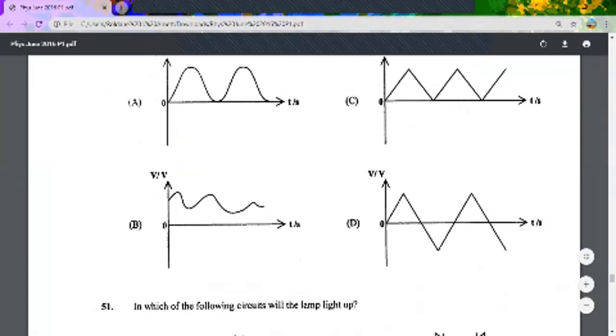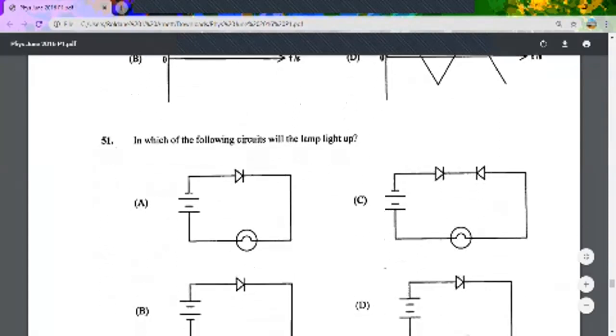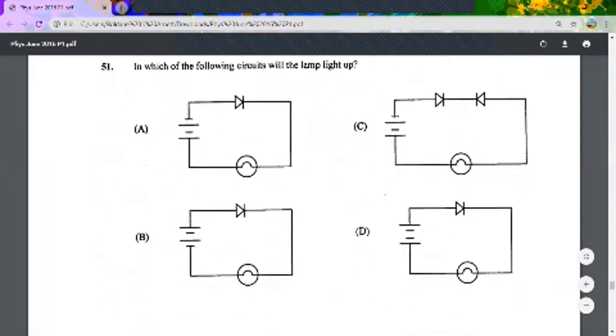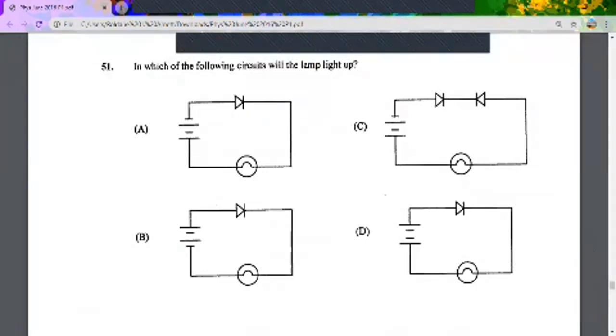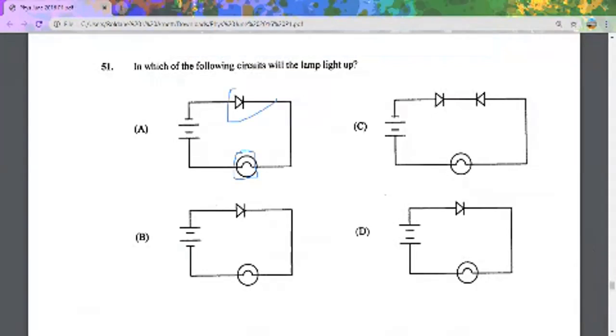Which of the following circuits will the lamp light up? In this circuit we have a power source right here, power source in all of them. Let me use this as an example. We have a bulb, and we have this diode slash rectifier. There's a particular way that you have to arrange the circuit in order for current to flow when you have a diode or a rectifier in it.